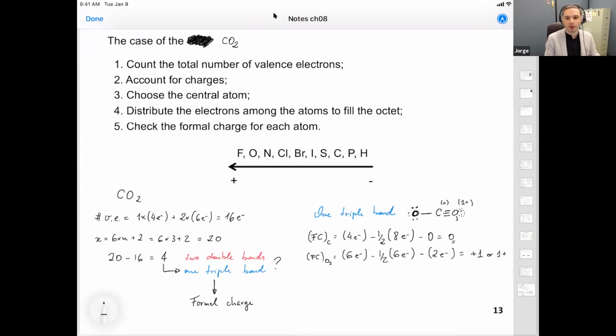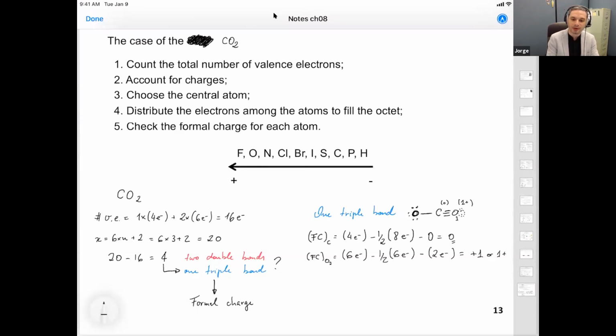Okay, so we got a formal charge that is different from 0, and even worse, is positive, located on the most electronegative element in the structure.